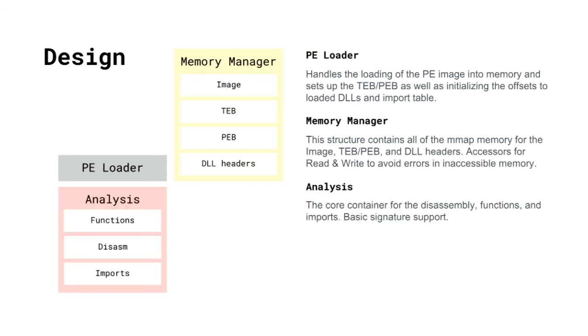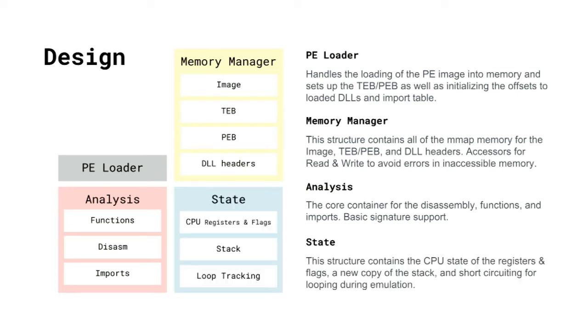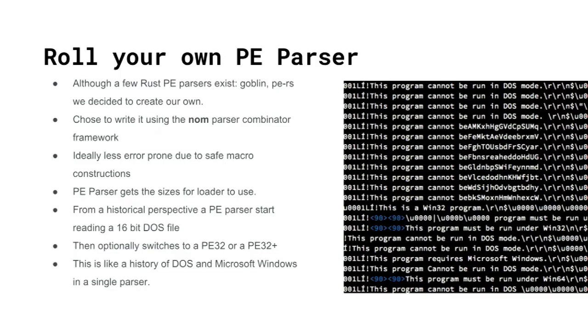And then we have this analysis struct that follows all of the disassembly that's coming out, builds all the functions, and keeps track of all the imports, as well as the state, which tracks all the registers from the CPU and the flags. It copies a new state of the stack for when it goes to another function, and I also introduced loop tracking, which I'll get into a little bit later. It's basically for the emulation part.